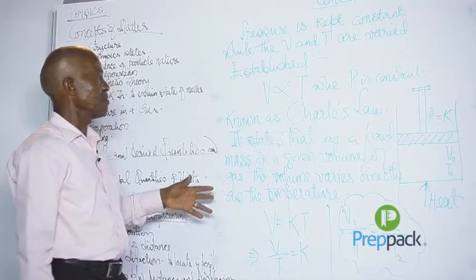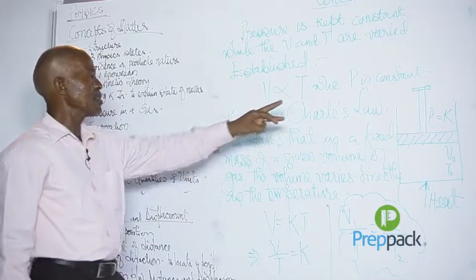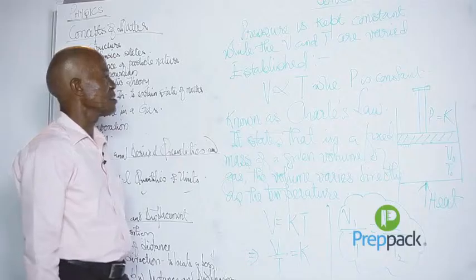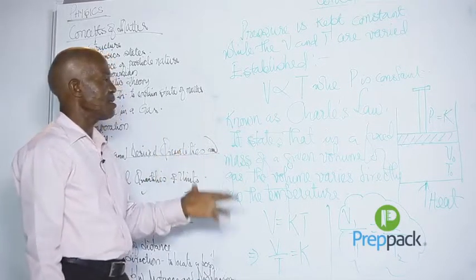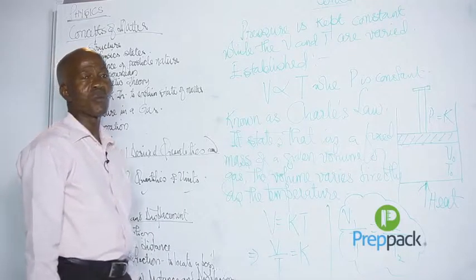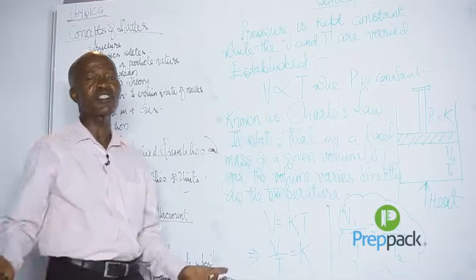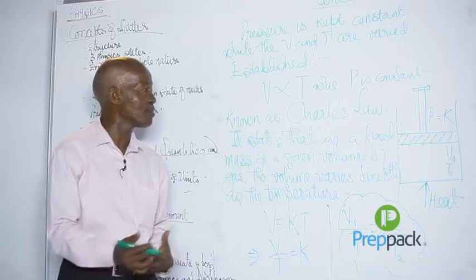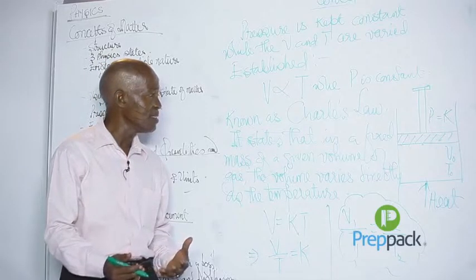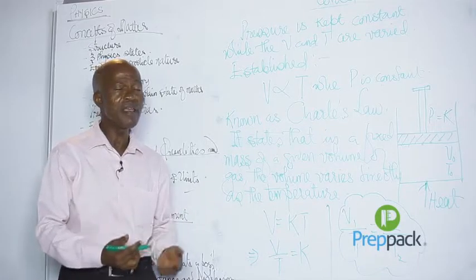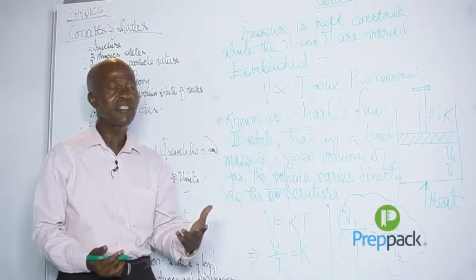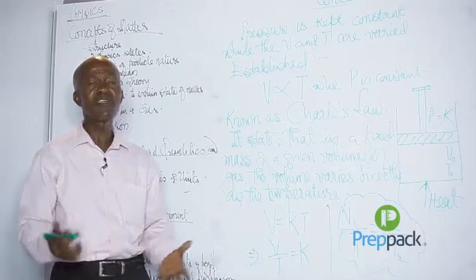So over here, we've kept the pressure constant. In the previous one, we kept the temperature constant. We are now going to look into the situation where we keep the volume constant, so it will be the pressure and the temperature that will vary.